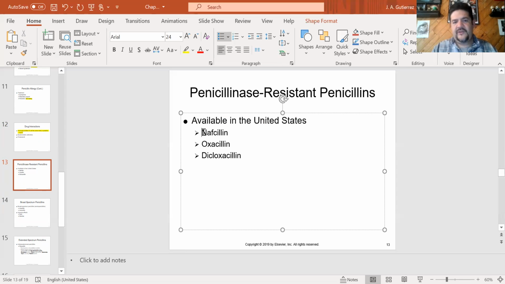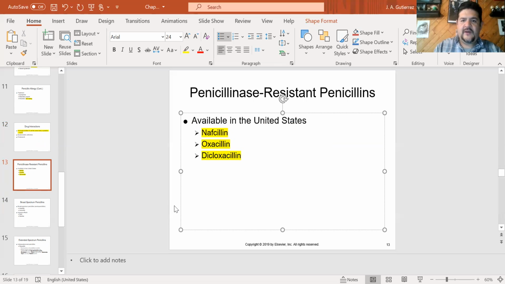On this one, you need to remember all three of them: nafcillin, oxacillin, and dicloxacillin. The penicillins that can fight that penicillin enzyme are nafcillin, oxacillin, and dicloxacillin.